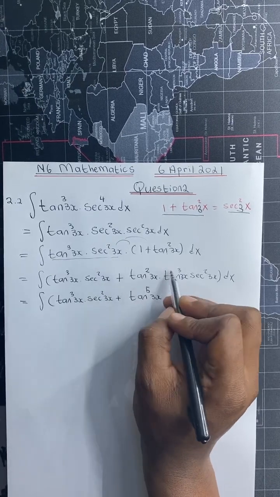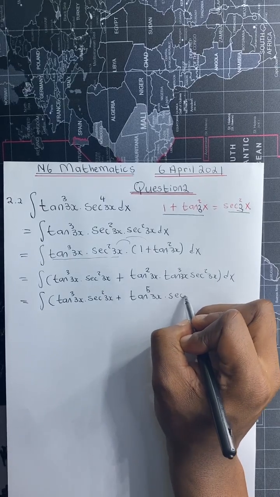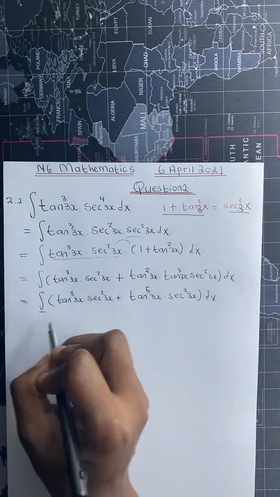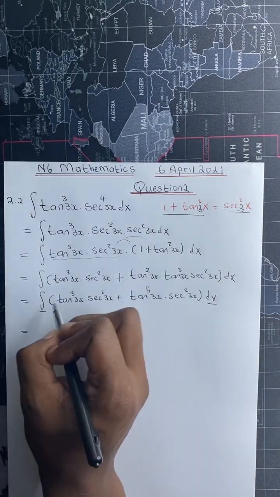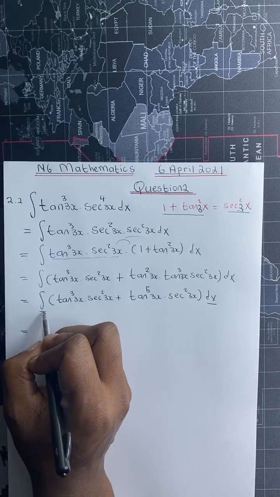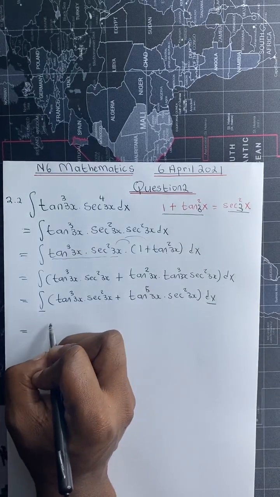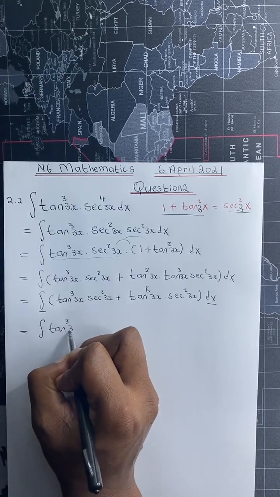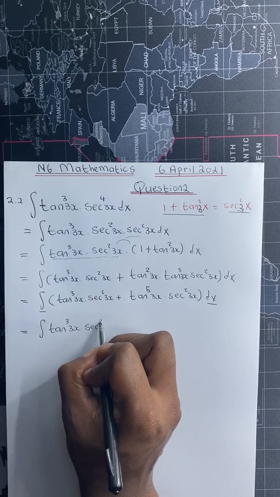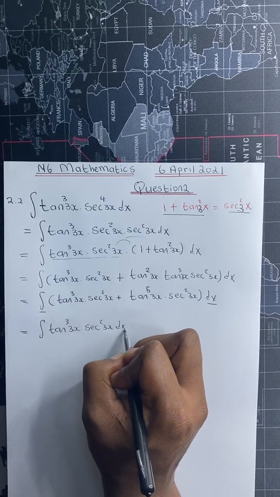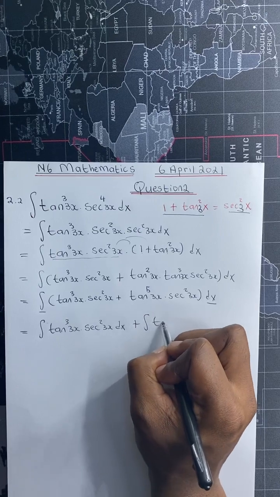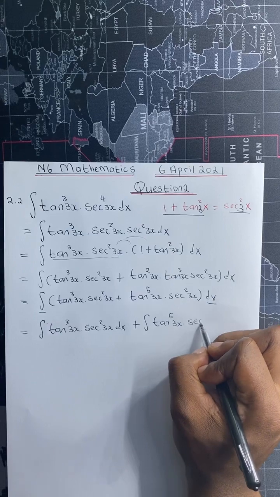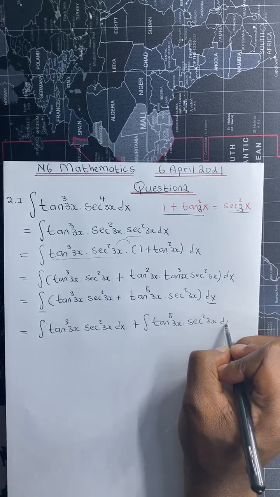The bases are the same, so we add the exponents. Sec squared 3x dx. We distribute the integral sign and the dx inside the parentheses such that we have the integral of tan cubed 3x sec squared 3x dx plus the integral of tan to the power 5 3x sec squared 3x dx.